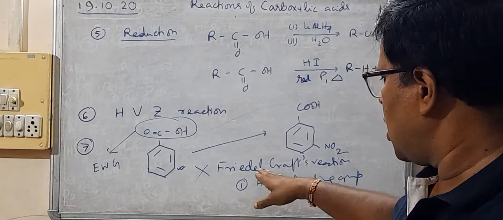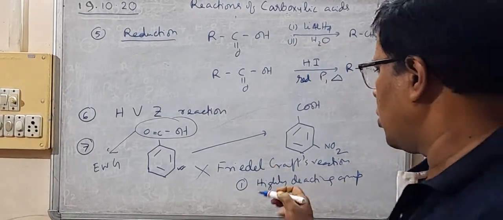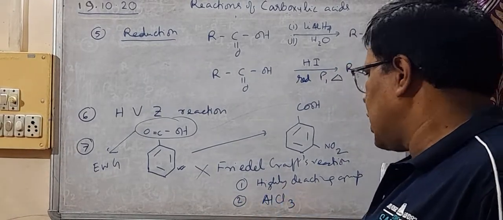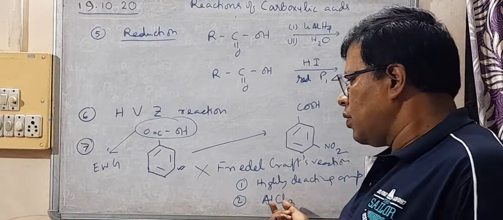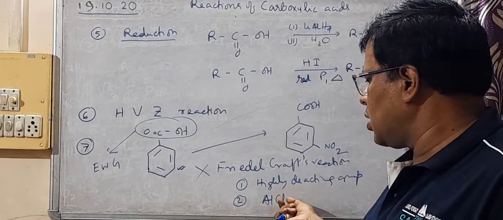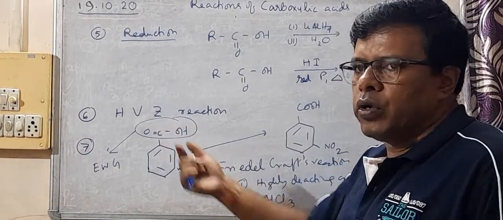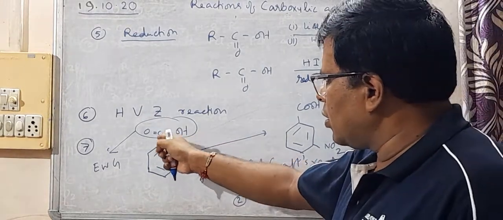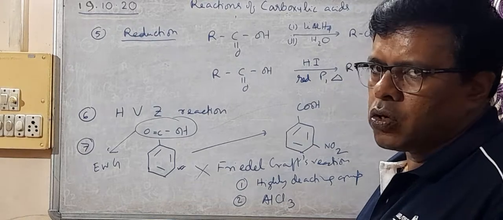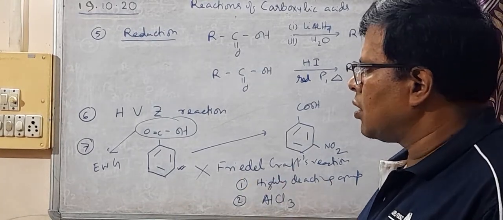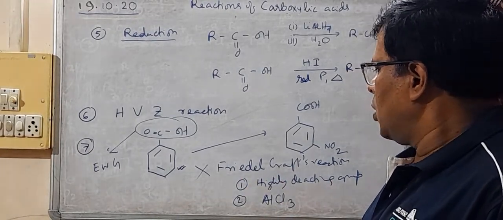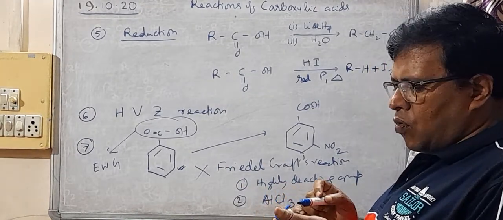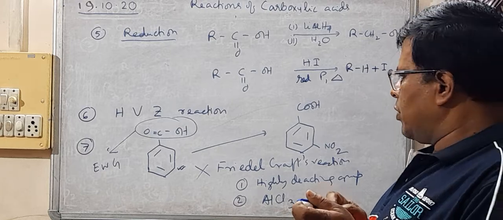Another thing is that in Friedel-Crafts reaction, we use AlCl3 as Lewis acid. This AlCl3 combines with the carboxyl group, forming an intermediate, and prevents further reaction. So aromatic carboxylic acid does not undergo Friedel-Crafts reaction.